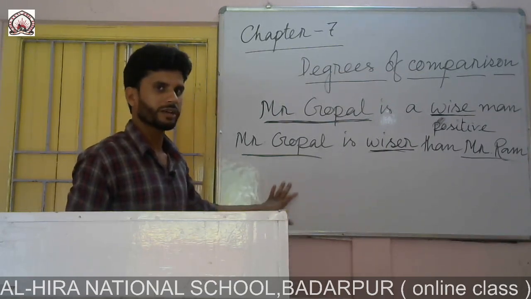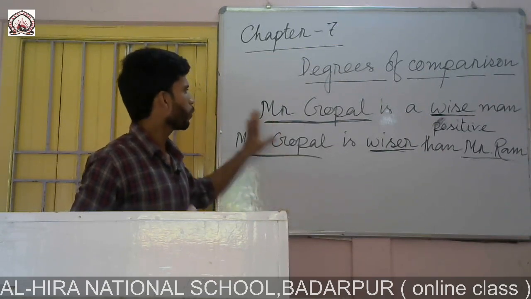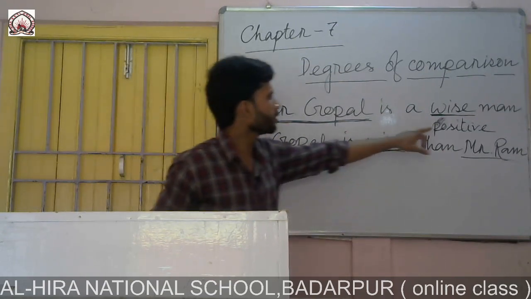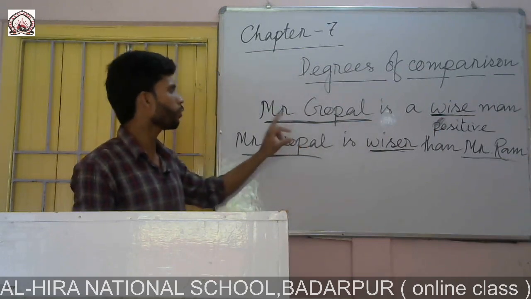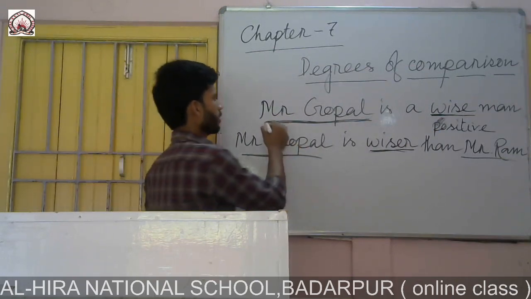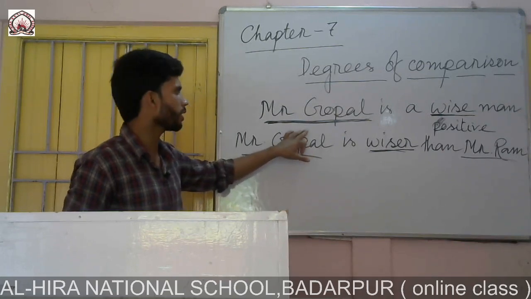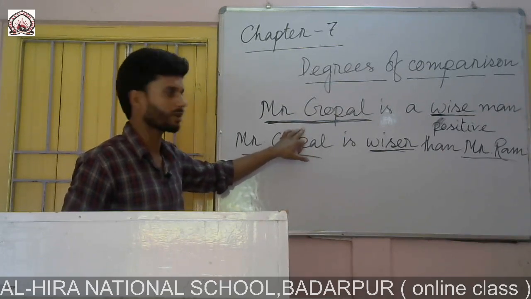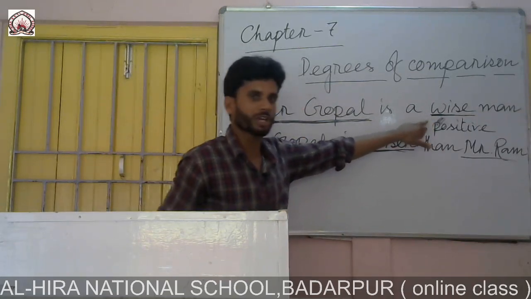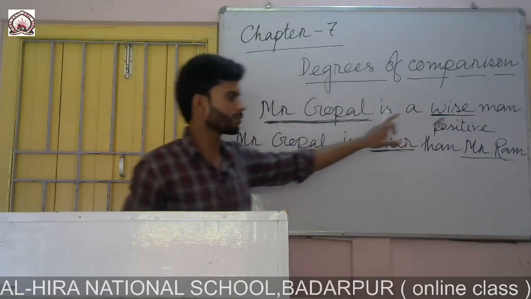So, as I said in the beginning, a positive degree describes only one person or thing. As we got in the example sentence, Mr. Gopal, it only described Mr. Gopal.